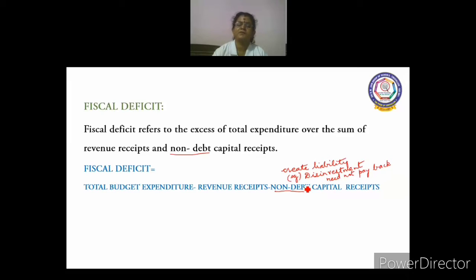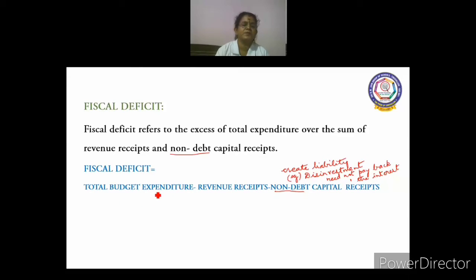So here, as it is non-debt capital receipt, the government need not pay back the money, need not pay the interest. So that is why we call it as non-debt capital receipt. So fiscal deficit is otherwise total budget expenditure minus revenue receipts minus non-debt capital receipts.